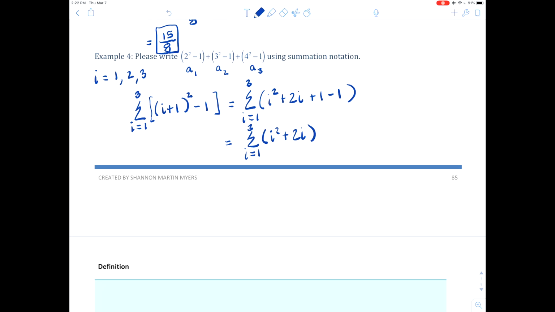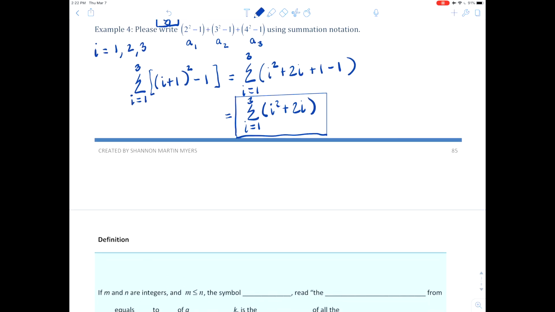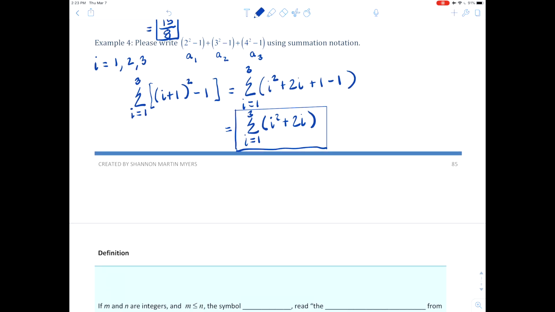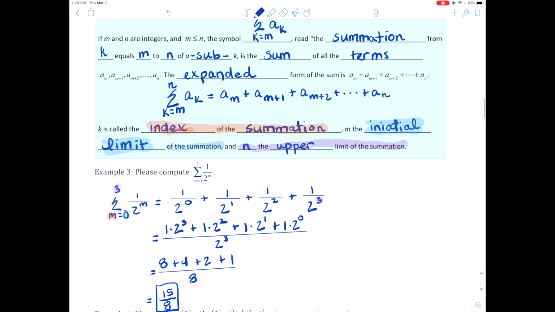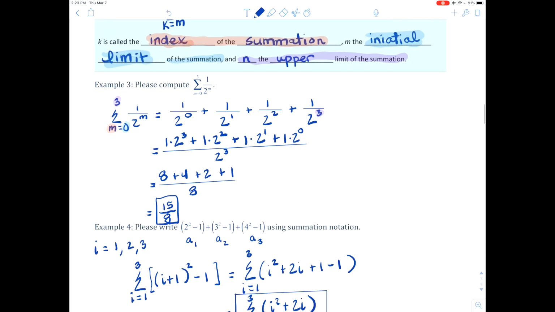And you could also factor out that I and write it as well. I'll just keep it like this. Cool? All right, and remember, the answers will vary depending on what letter you choose to serve as the index of your summation and where you choose to start. What is your initial limit and what is your upper limit?